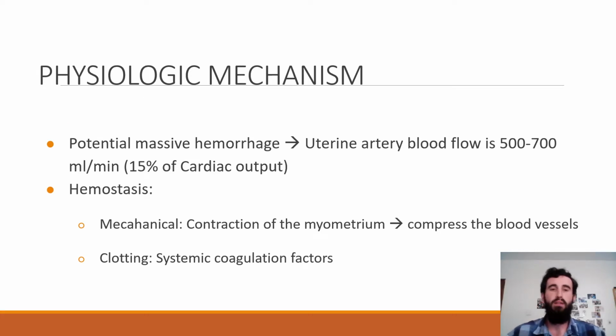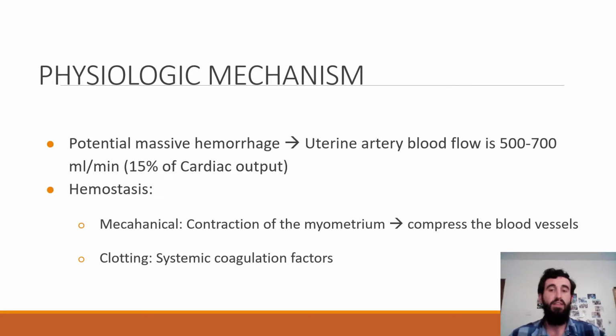Now, a little about the physiological mechanisms. We have to know, first of all, that a PPH is a potential massive hemorrhage. Why? Because in a normal human being, the normal cardiac output distribution to the uterus is around 3 to 5%, but this increases to more than 30% in a pregnant woman.